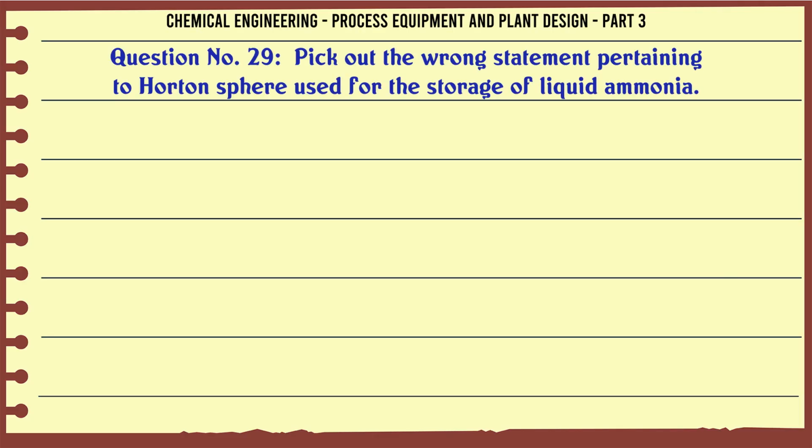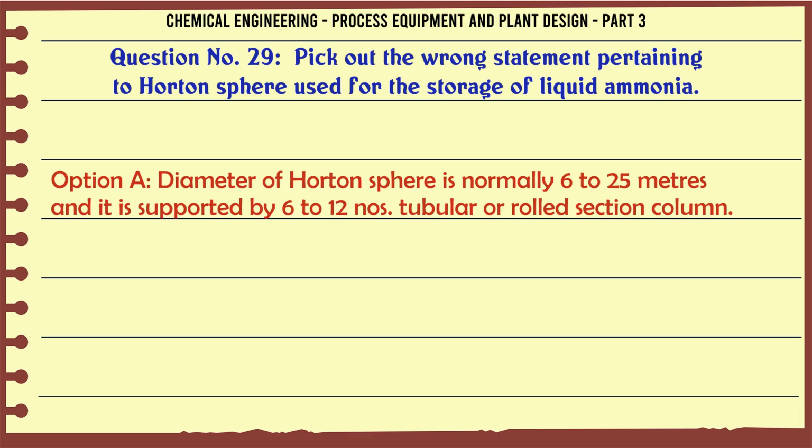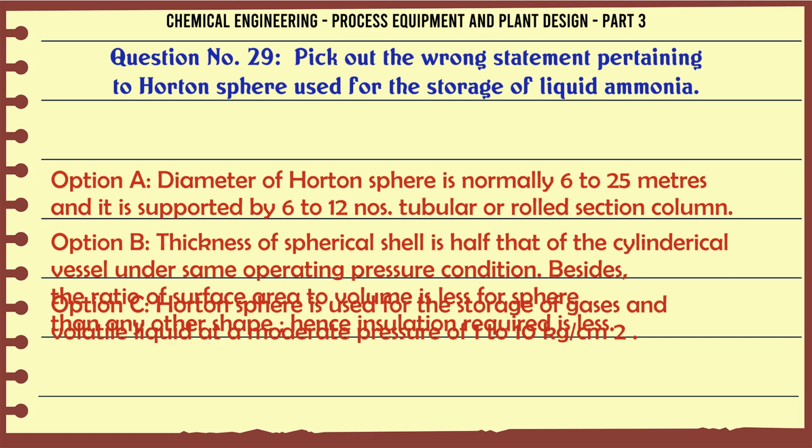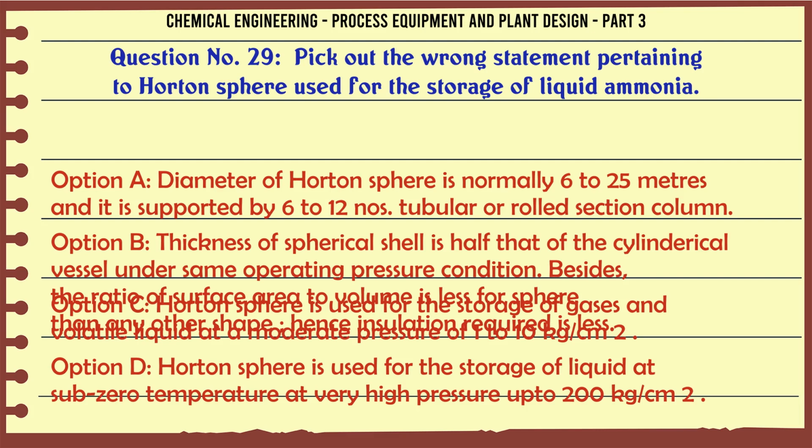Pick out the wrong statement pertaining to Horton sphere used for the storage of liquid ammonia. A. Diameter of Horton sphere is normally 6 to 25 meters and it is supported by 6 to 12 numbers tubular or rolled section column. B. Thickness of spherical shell is half that of the cylindrical vessel under same operating pressure condition. Besides, the ratio of surface area to volume is less for sphere than any other shape, hence insulation required is less.